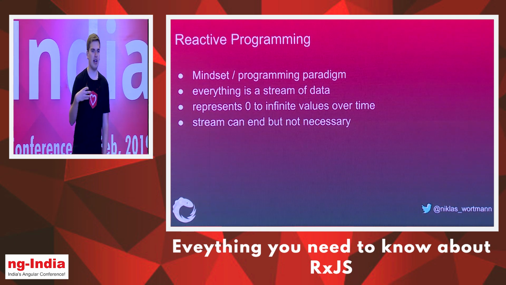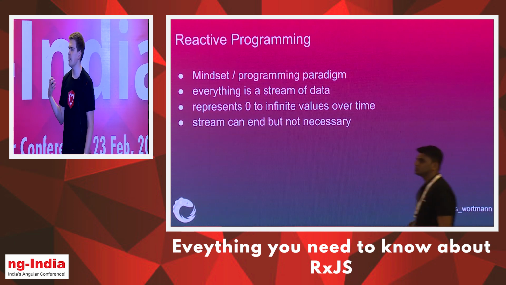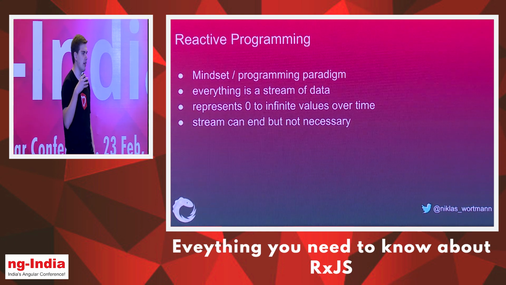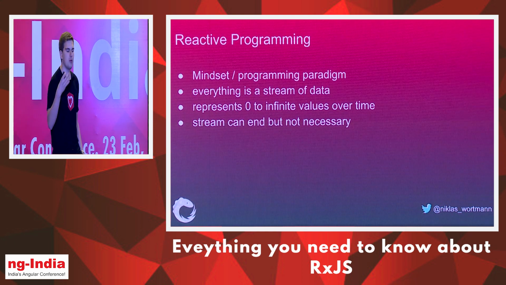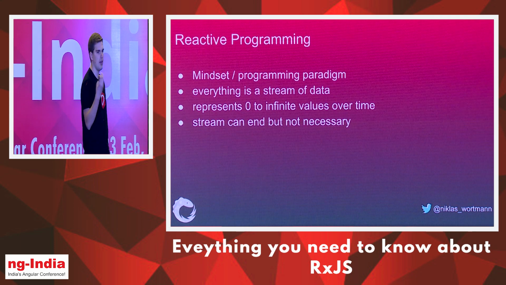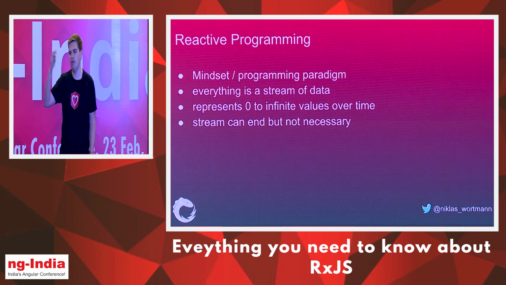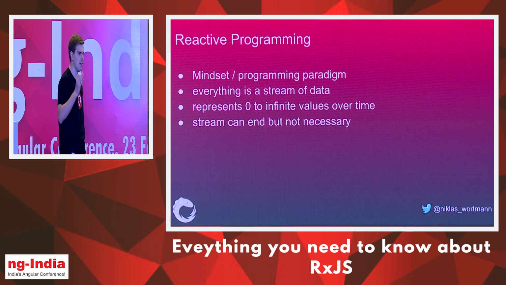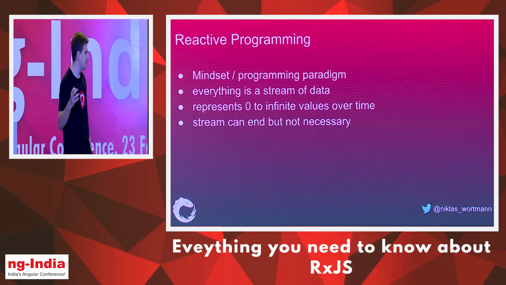Reactive programming is a kind of mindset, a mindset for how you handle your data, because you look at it as a stream of data which comes over a certain amount of time. It can be there immediately or it can come somewhere, we don't know when. So that's the basic idea. Everything is a stream. That's the main important thing about reactive programming.